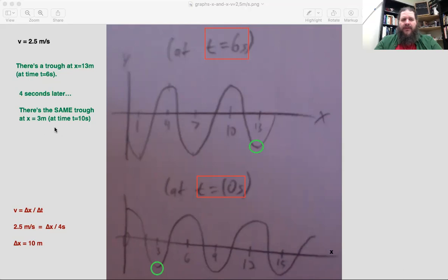So we know that the trough hits the 13 meter mark at 6 seconds, and the same trough hits the 3 meter mark at 10 seconds. So let's see what that's going to look like. If we've got this medium and we've got a trough hitting the 3 meter mark and the 13 meter mark, so we're essentially just drawing an x-axis here.